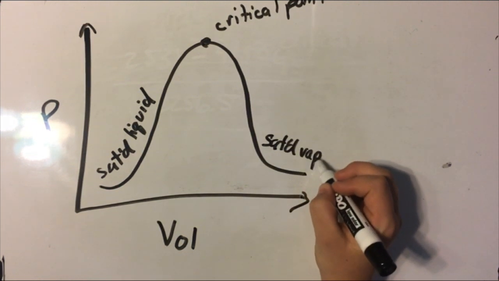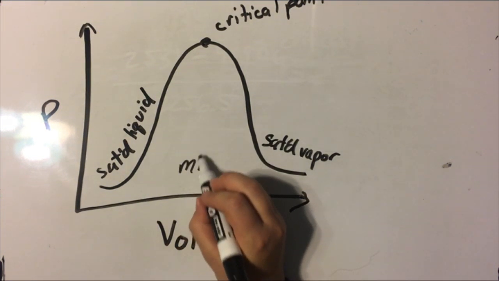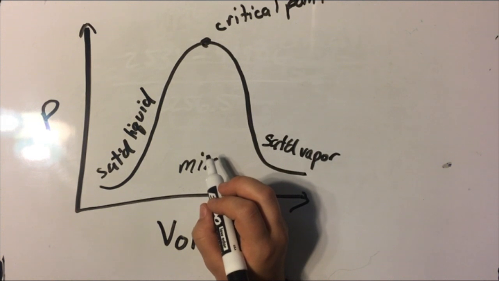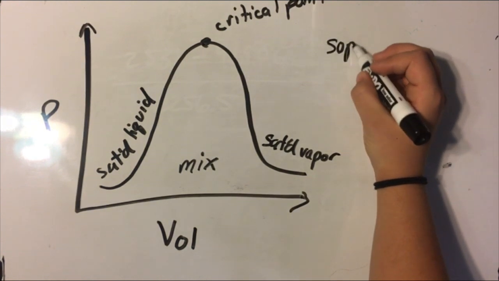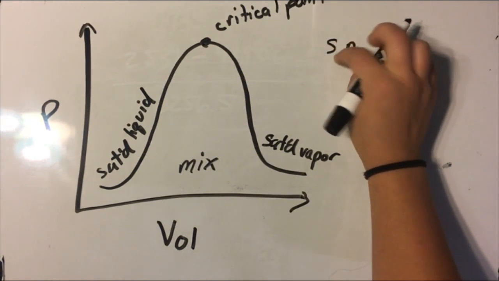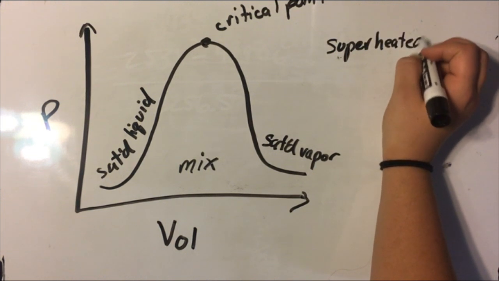The right side of the bell is your saturated vapor. In between, you have a bit of a mix of liquid and vapor. And then way out to the upper right, if I can write correctly, you get your superheated vapor.